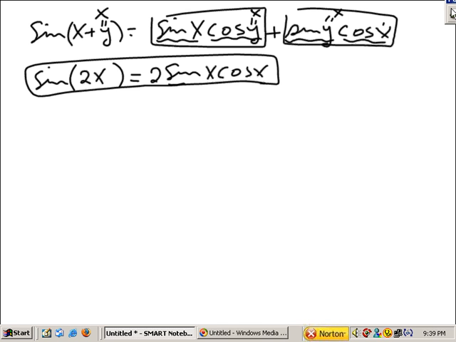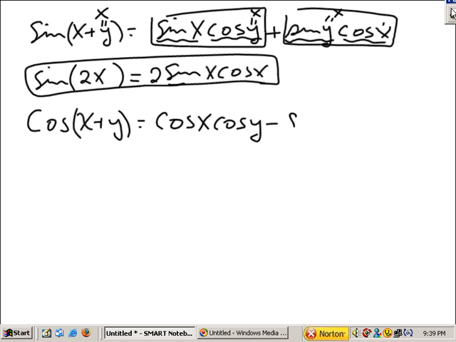The other double angle formula, well, the cosine of x plus y, we know that this is cosine x times the cosine of y minus the sine of x times the sine of y. Well, what happens when y is really x?